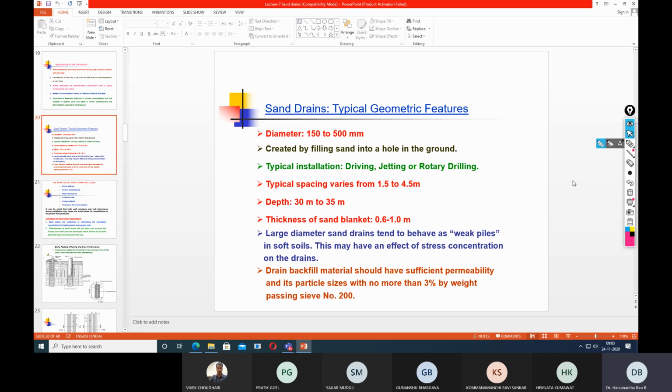So any questions regarding the previous class on sand drains? Anybody would like to pose a question or get clarification on the sand drain technology?